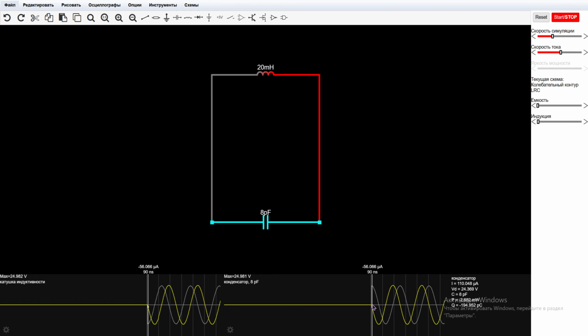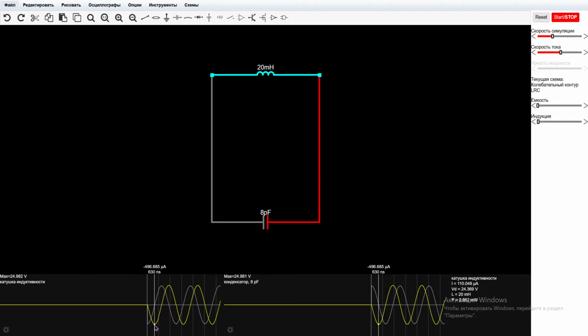Our capacitor is discharging, and when it's discharged, the time is exactly the same. It says 630 nanoseconds. It's exactly the same, 0.63 milliseconds.